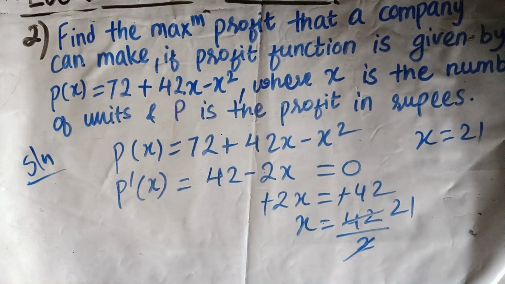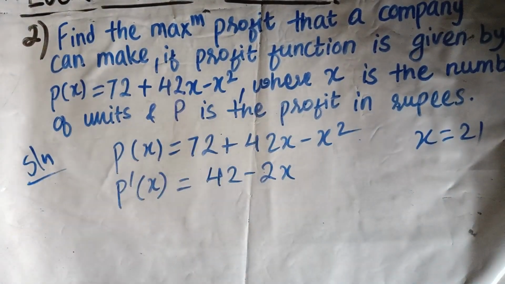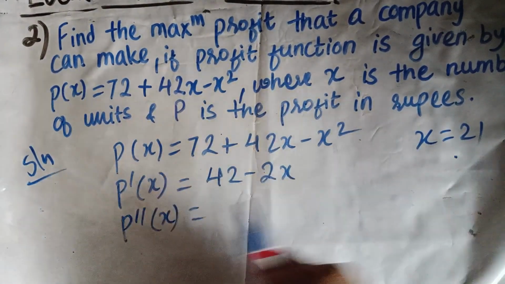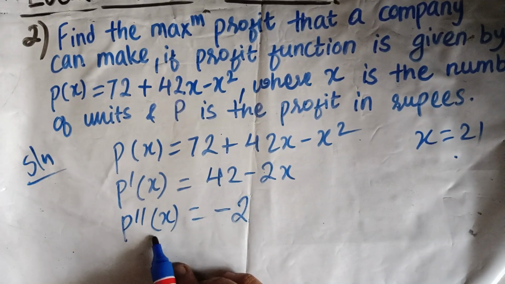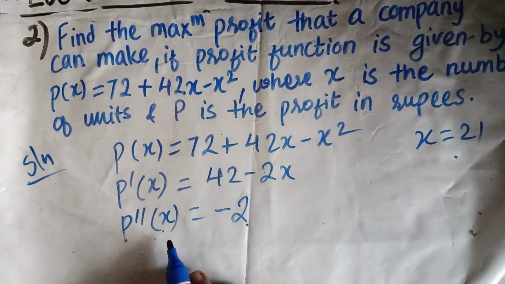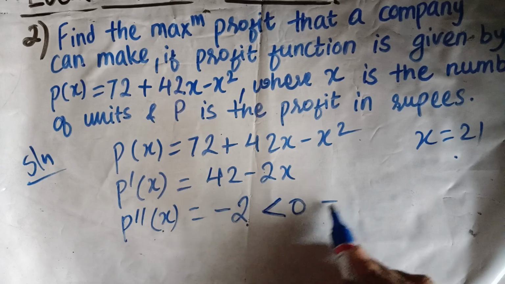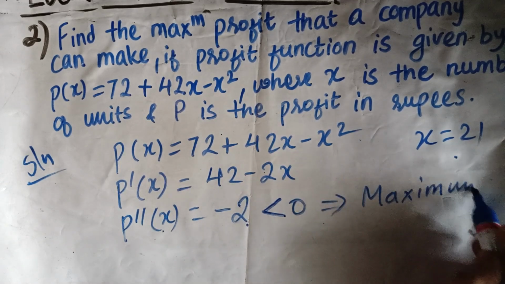This is your critical point. Now you have to find the second derivative. The second derivative is -2. So we are directly getting -2 without substituting x. So this is less than 0, which implies maximum.